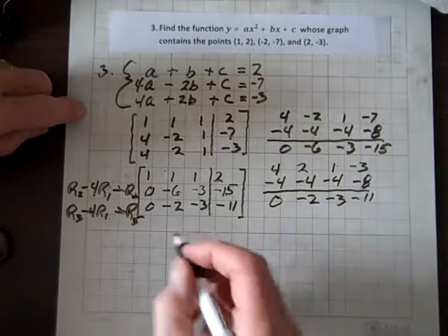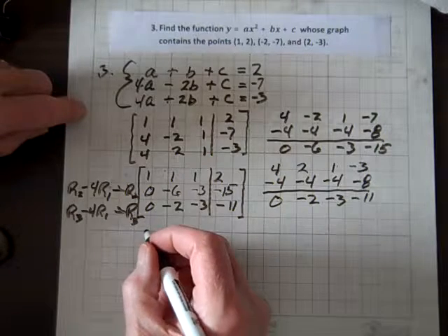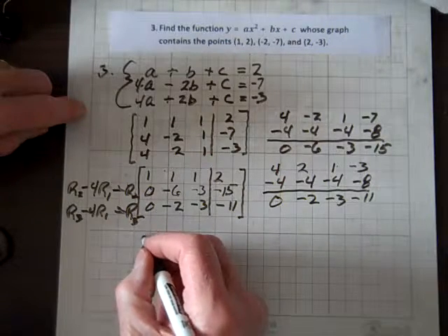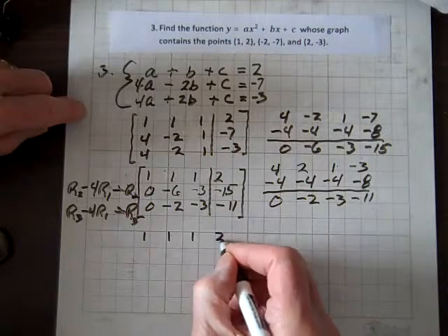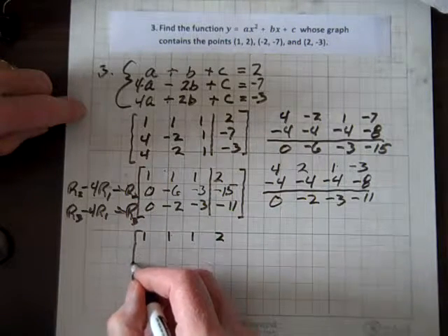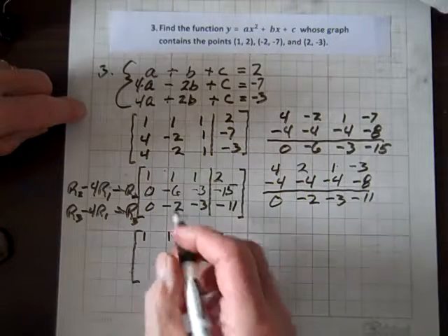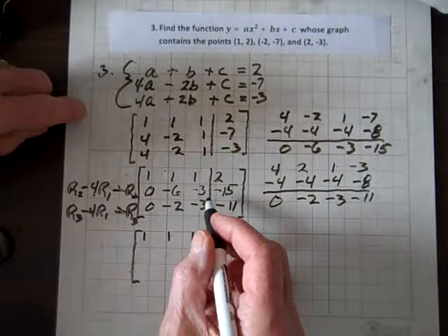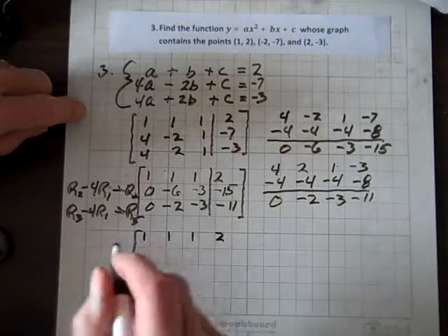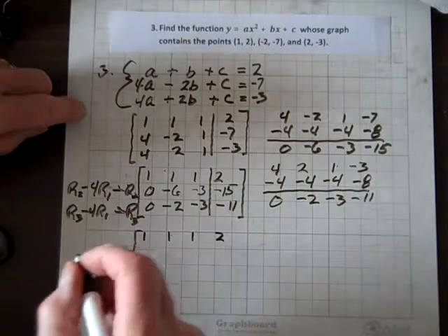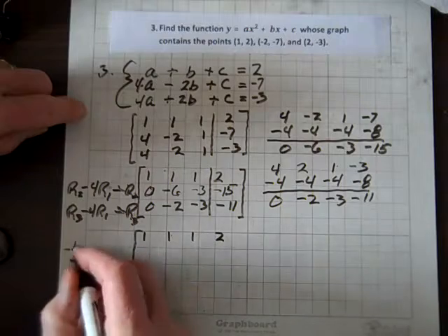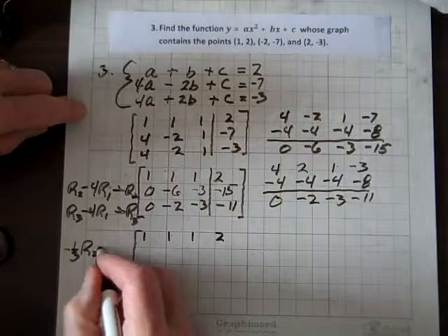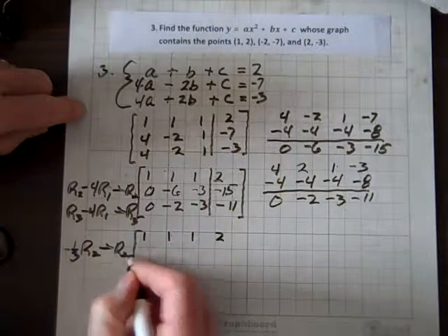Now, let's leave row 1 intact, always. But let's multiply row 2 by negative 1/3. So negative 1/3 row 2 will replace row 2.